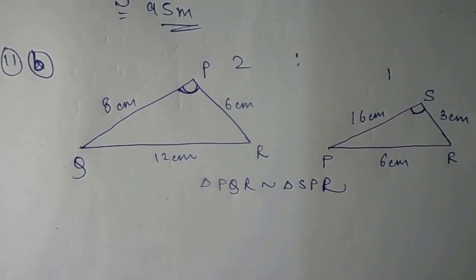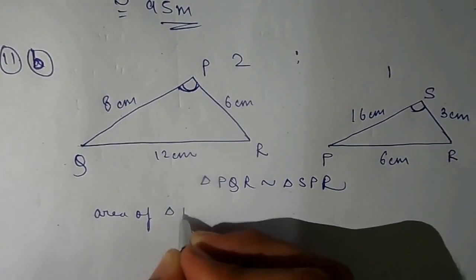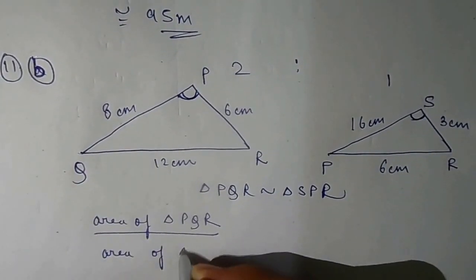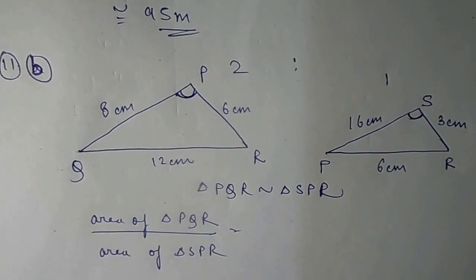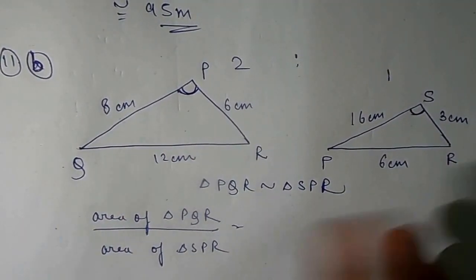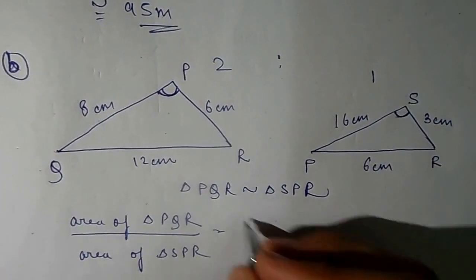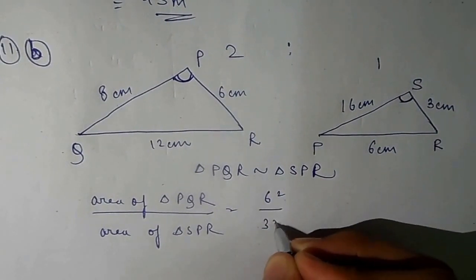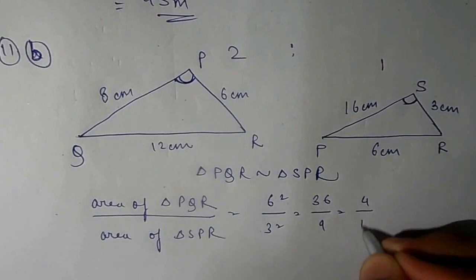The third answer is the ratio of area of triangle PQR divided by area of triangle SPR. Now in similarity, the squares of corresponding sides will give you the ratio of the areas. So let's take this one, PQR, this one, 6 square divided by 3 square equals 36 by 9 equals 4 by 1.